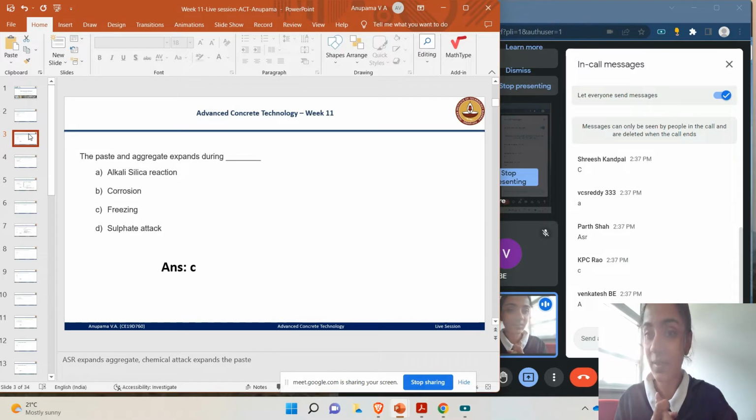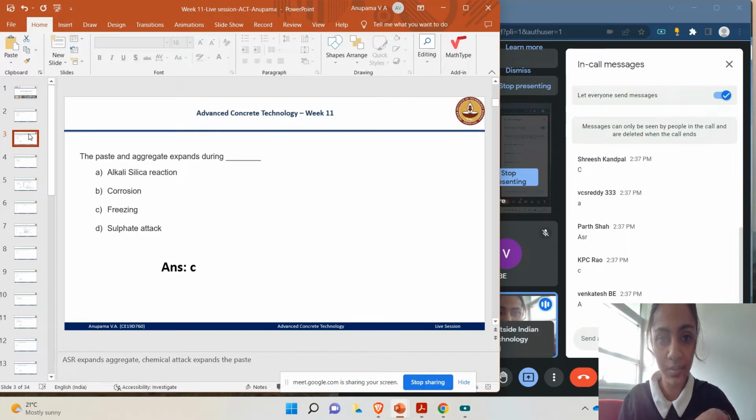Then corrosion, it expands the steel. Then freezing, because when the water gets into the concrete pores and becomes ice, there will be a volumetric expansion, and that can happen in paste as well as aggregate, causing the paste and aggregate to expand. So the correct answer is freezing.